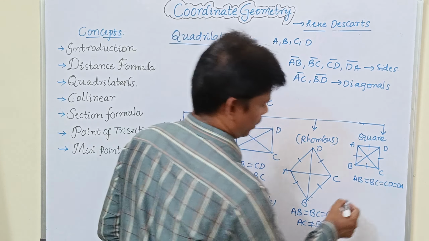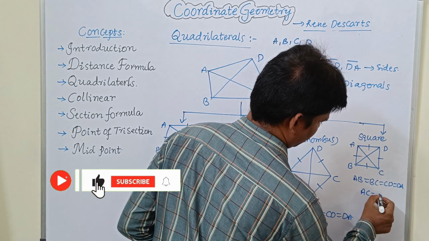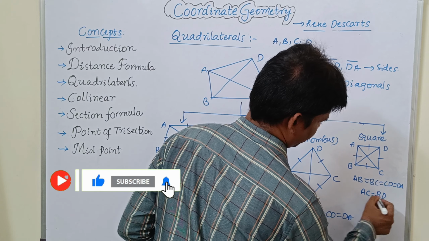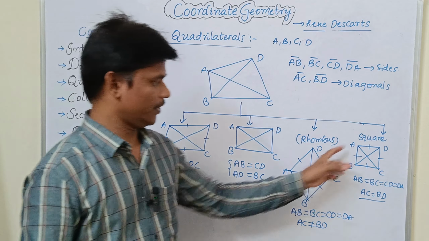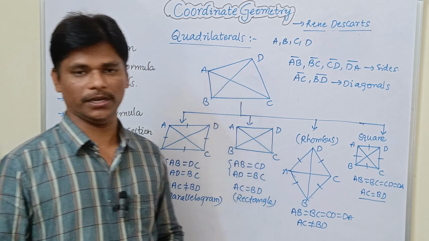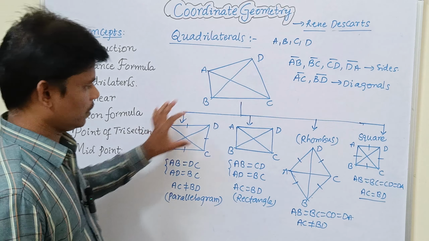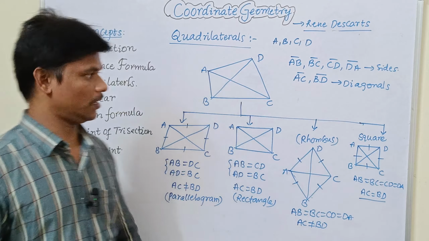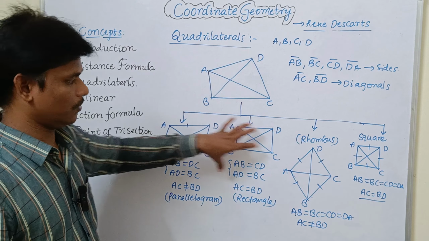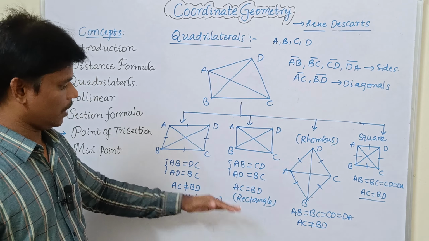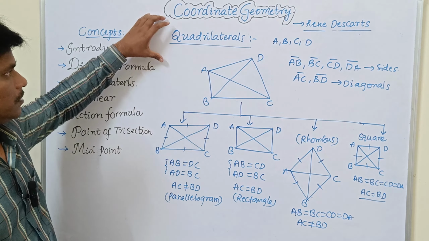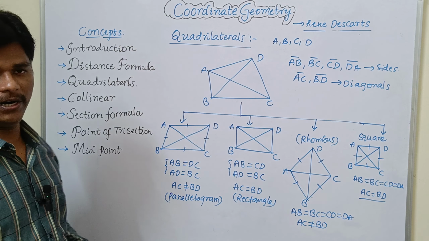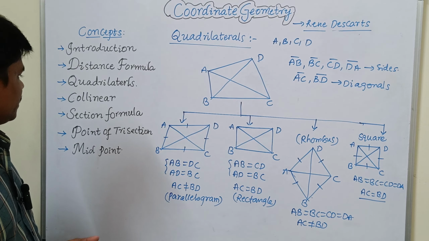Four sides are equal and the diagonals are also equal, AC is equal to BD. Then only the four different points form a square. So these are the types of quadrilaterals we have to learn in coordinate geometry.